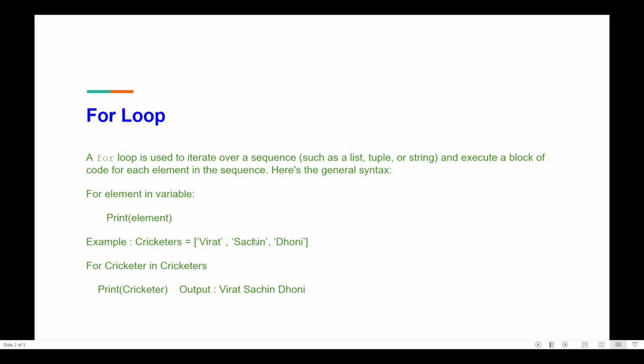The first element is Virat, the second one is Sachin, and the third element is Dhoni. So for cricketer in cricketers, cricketer here is each and every element, and cricketers is the variable. Print cricketer will give us the output Virat, Sachin and Dhoni.